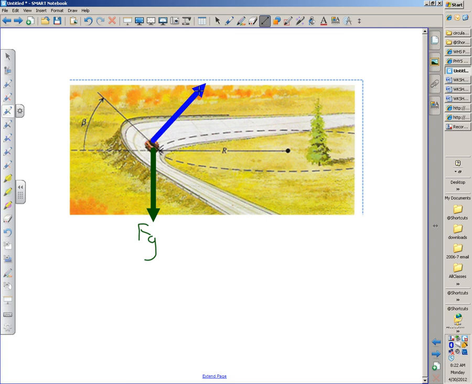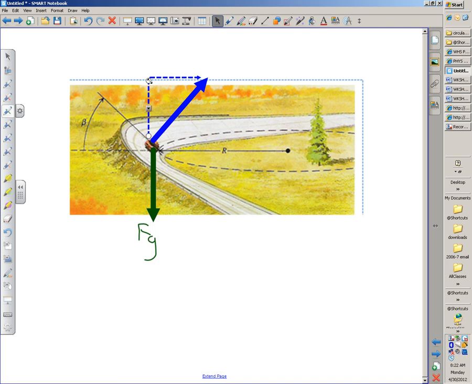But in this case, because the road is not flat, the normal force is not straight up. If it's not straight up and down, what does that mean about the normal force? It's got components. And there's a component this way, and then there's a component this way.